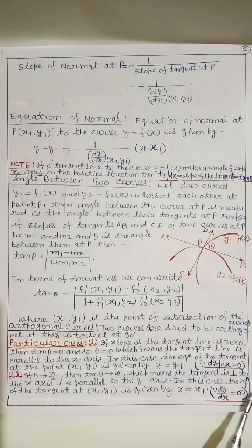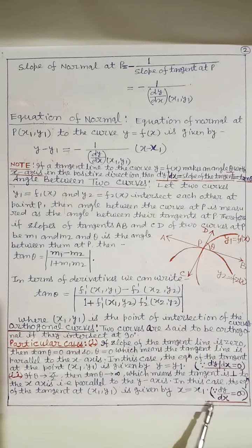In this case, the equation of the tangent at (x1, y1) is given by x equal to x1. Here, using this result and putting it in the equation of the tangent, we get this.